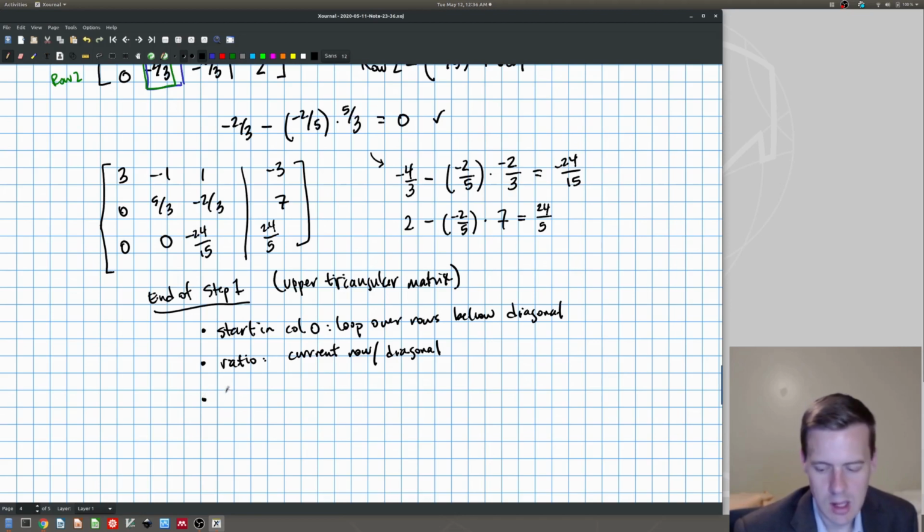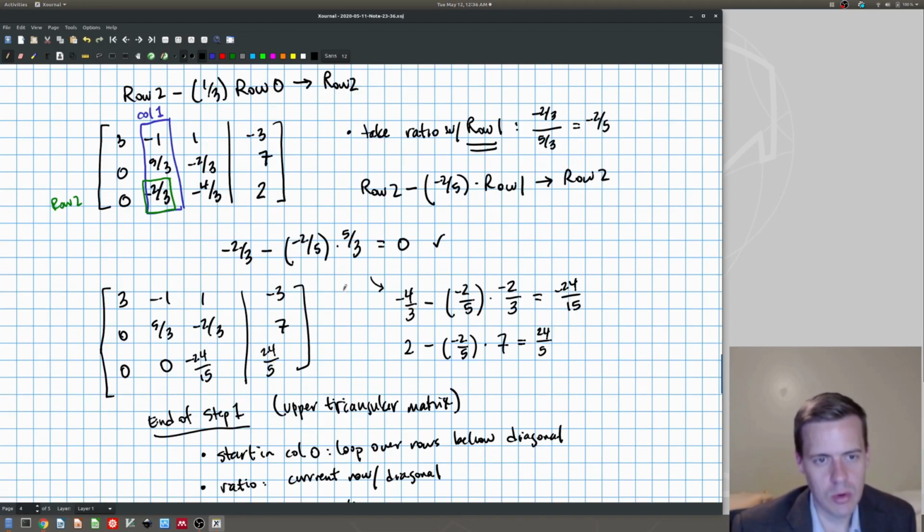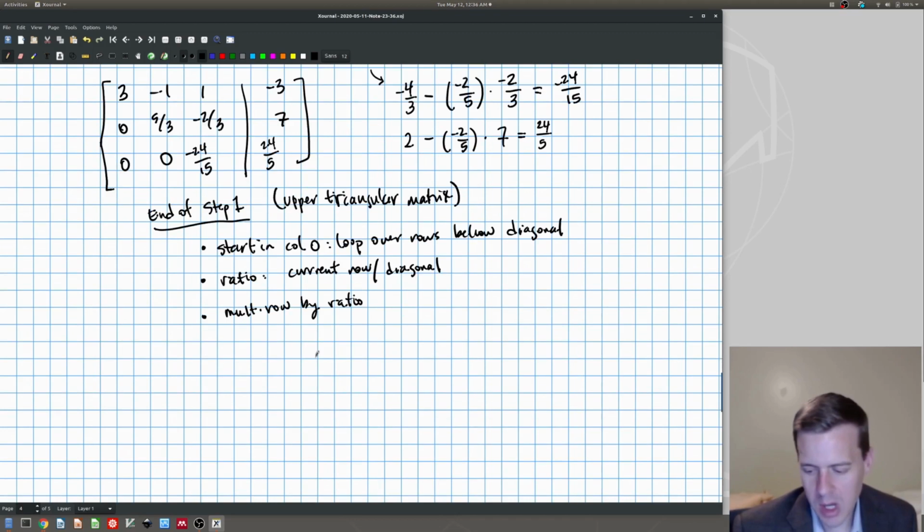Then I multiplied my row by the ratio. Let's see, did I multiply the row by the ratio? I multiplied the row above, so not my row, it's the row with the diagonal, by the ratio and added it to the current row.